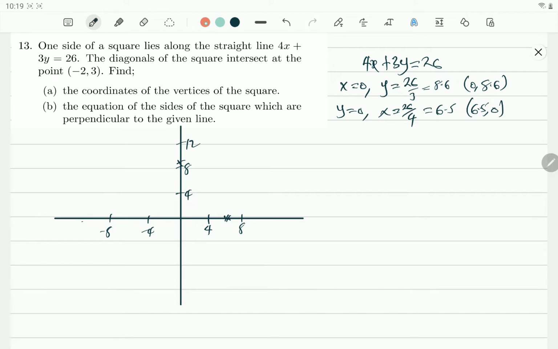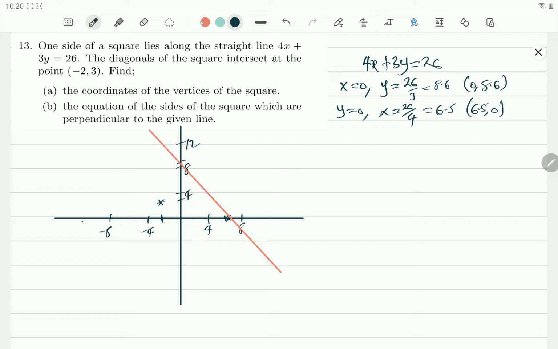I'll just draw a line to pass through these two points, and we can have something like this. We're also given that the diagonals of the square pass through the point (-2, 3). So I will try to plot (-2, 3). We can have minus 2 somewhere here and 3 somewhere here. So the point comes somewhere here, right?